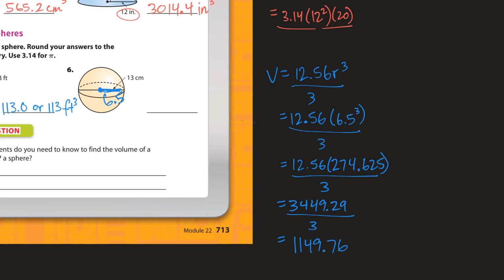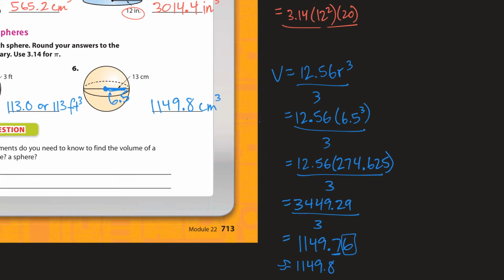And they want it to round to the nearest tenth. So I have to look at that, and the 6 rounds that up to an 8. So that is about 1,149.8. And that is what I need, 1,149.8. And this is all in centimeters, so cubic centimeters.